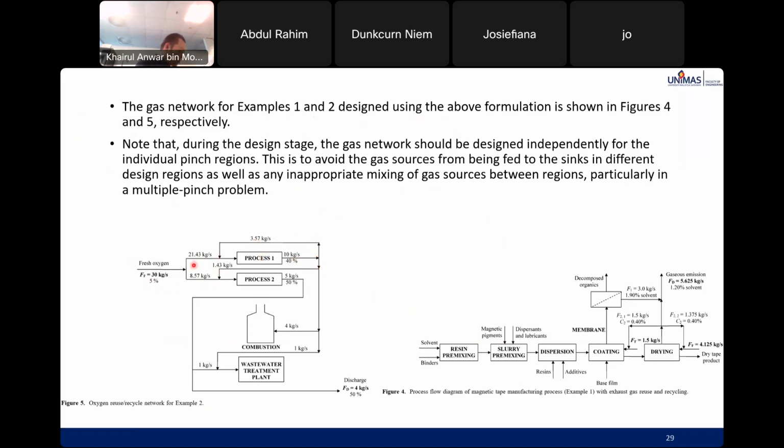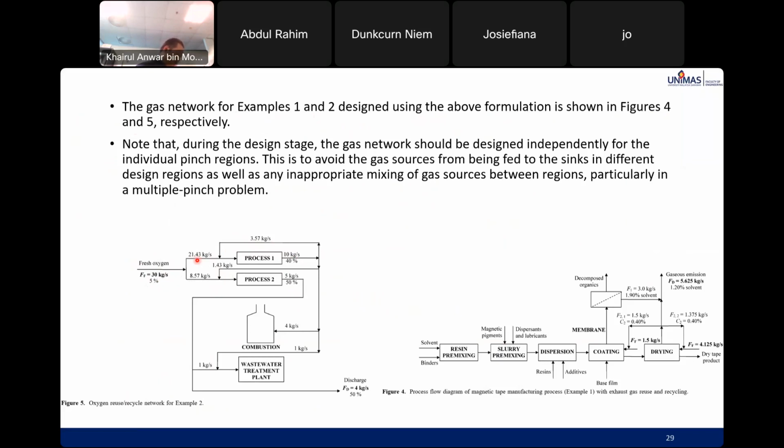So 21.43 here plus 3.57 is equal to 25, which is the requirement for process 1.